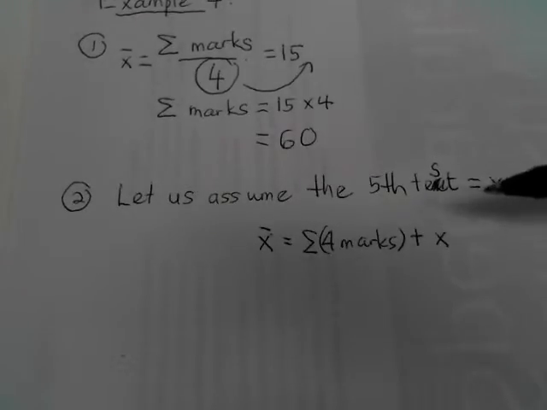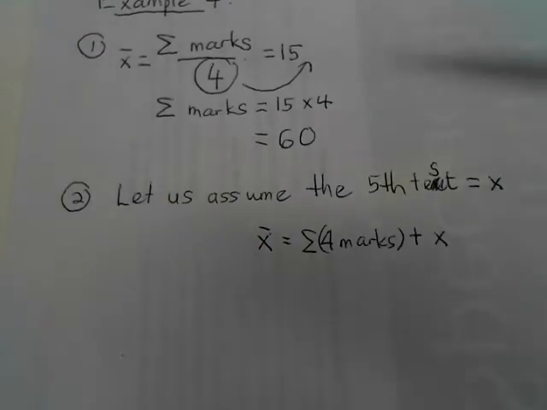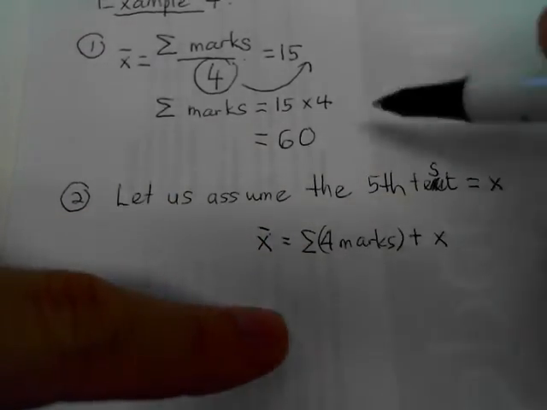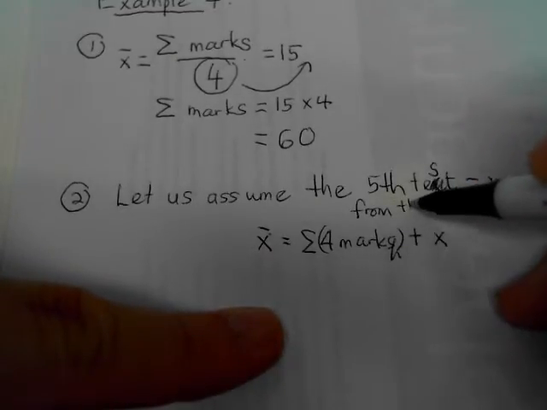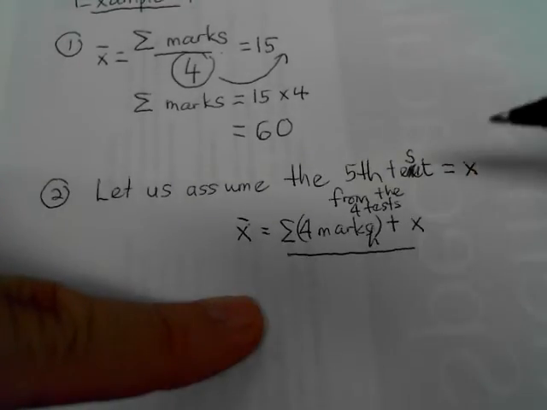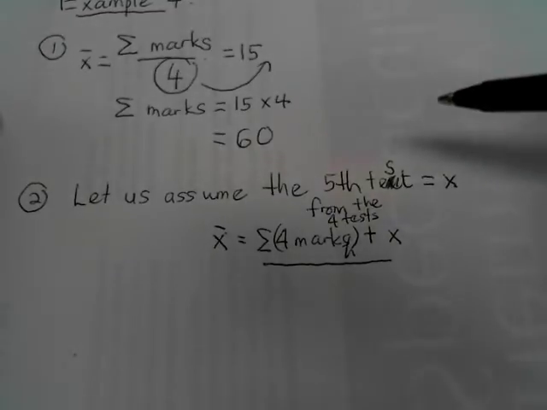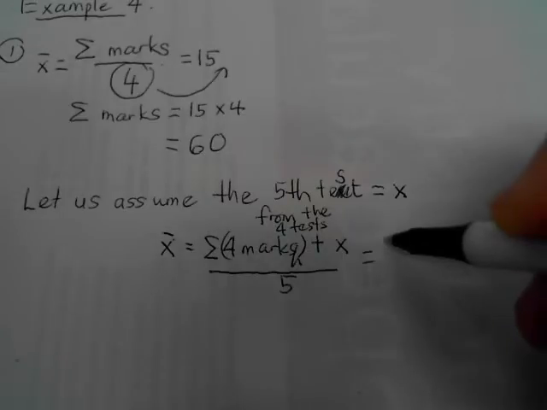You are still following the same formula as before, but now we're adding in the four marks from the four tests. And then we divide it by how many times this time? 5. Good. And that will give you 16 in total.